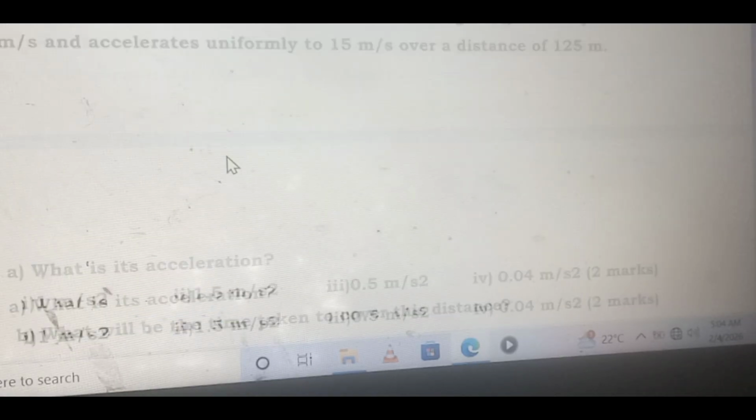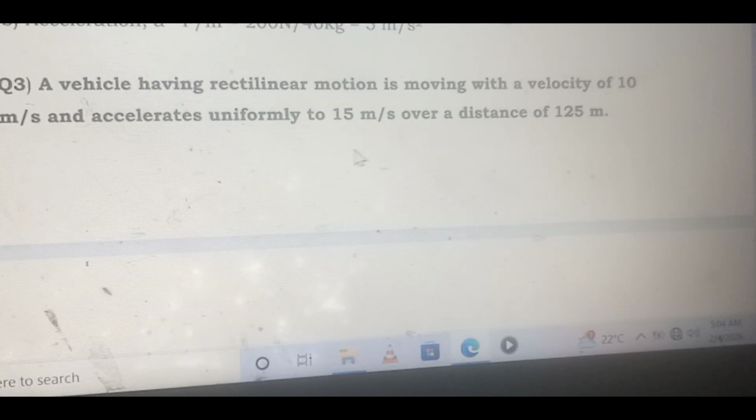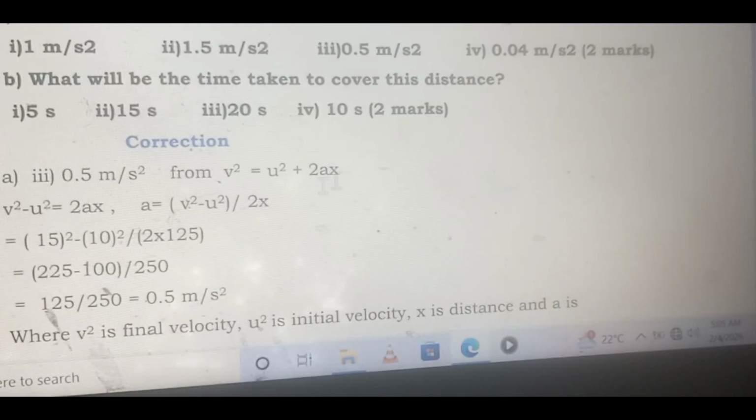We use this formula because in the data given we don't have a time. We have a final velocity, an initial velocity, and the distance. That is why we use this formula to find the acceleration.